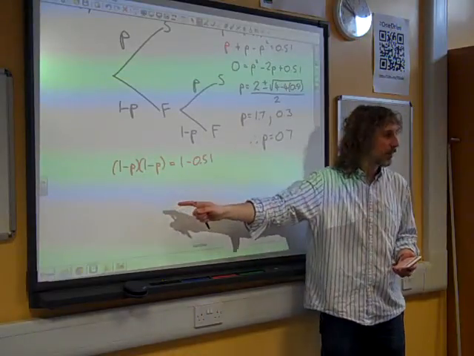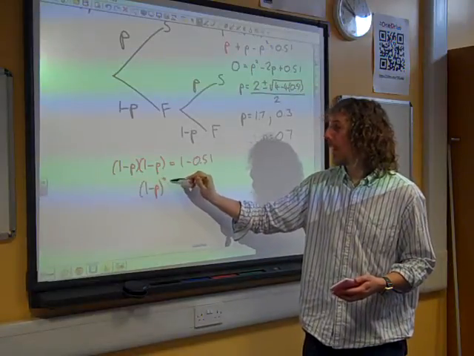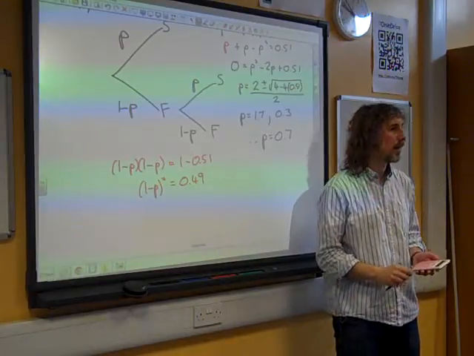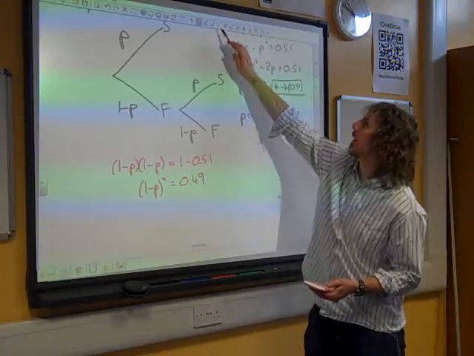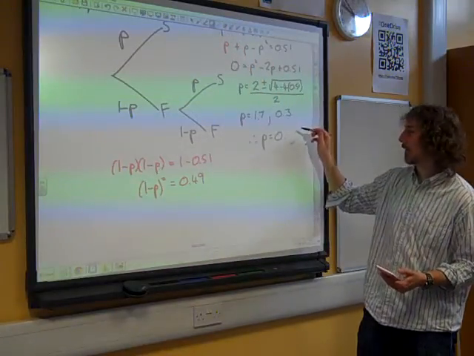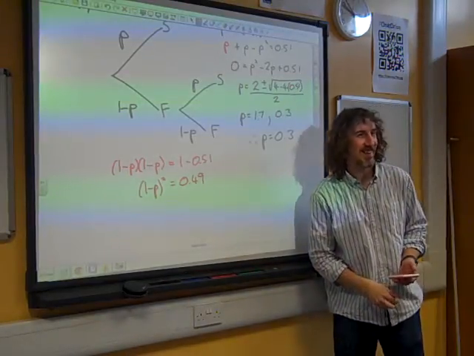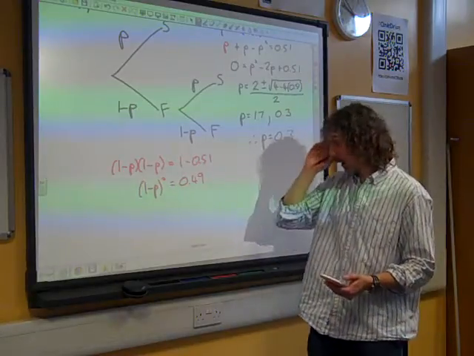Can you see if you've gone this route, there's quite a nice thing that works out here. This is 1 minus P squared is 0.49. If we now square root this, why have I written 0.7 now? Sorry. I looked at 1.7 and 0.3 and ignored them both.